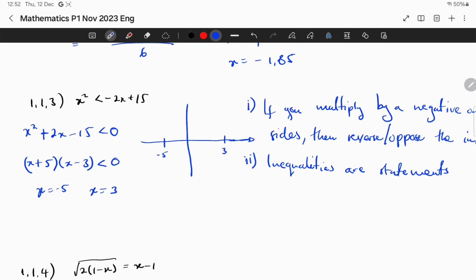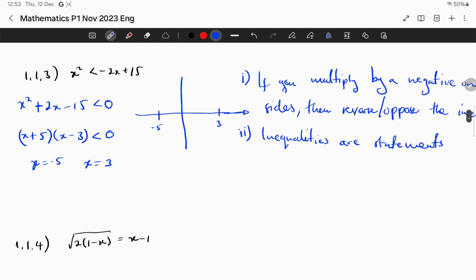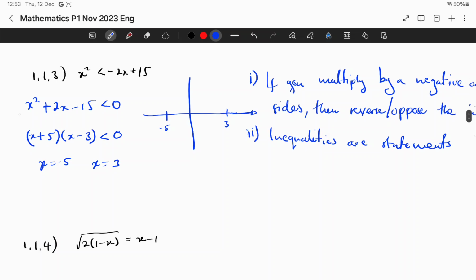So now we have this, and we know that the answer to the question, where is x squared plus 2x minus 15 less than 0, has to be a range between this point and that point.